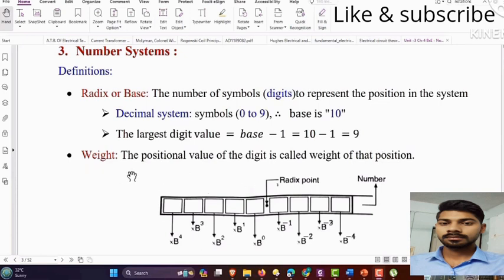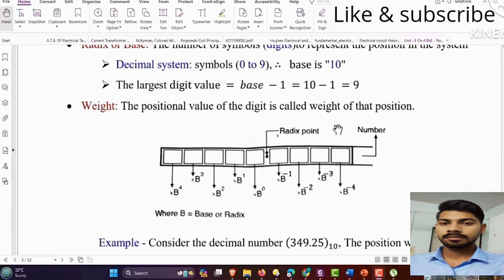What is weight? Weight is basically a positional value of the digit. Let us see the example here. If this is a system, there is a point called radix point. Left hand side to the radix point is an integer portion, and to the right side of the radix point there is a fractional portion.